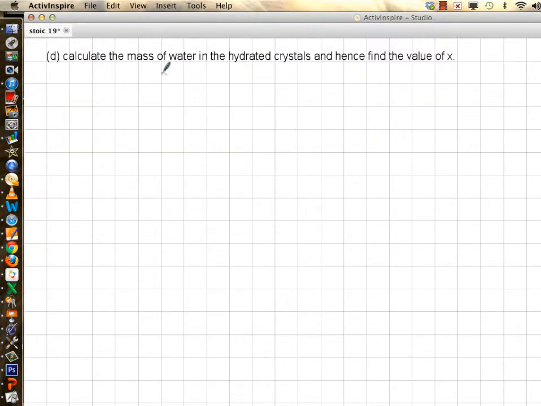First thing is calculate the mass of water in the hydrated crystals and hence find the value of X. And I think this was a 3-pointer here. I forgot to write. So let's see what is the mass of, remember the first part of the question, or go back to the last page. You had 27.82 grams of hydrated salt.